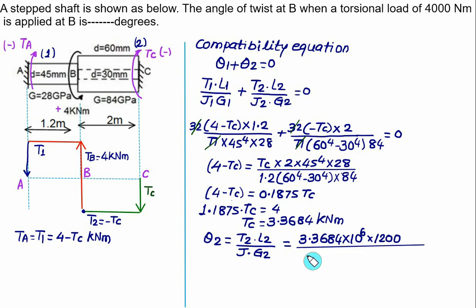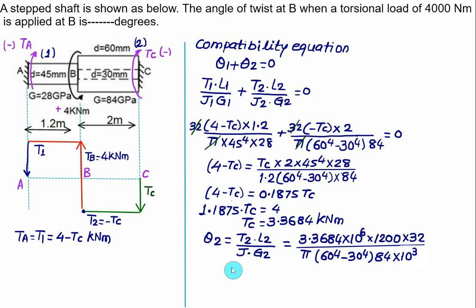Then we have J equal to pi by 32 will shift in numerator and we have D to the power 4. Now this time it's a hollow shaft, so we have 60 to the power 4 minus 30 to the power 4, and G2 value you have to take in megapascal, that will be 84, so it's 84 into 10 to the power 3.